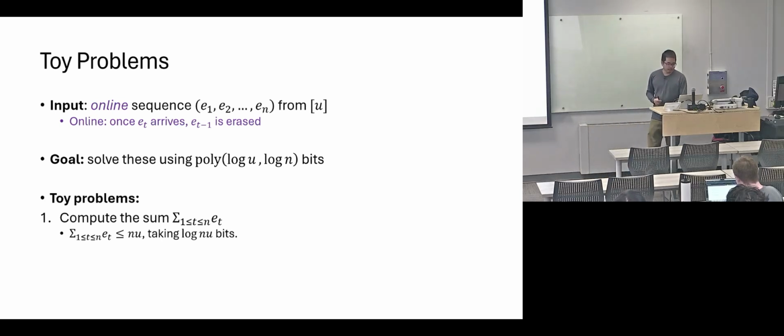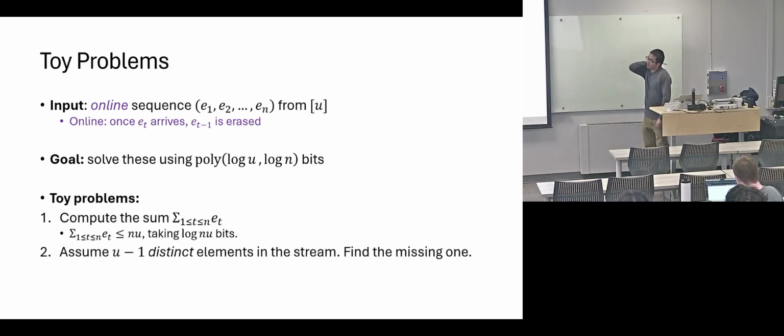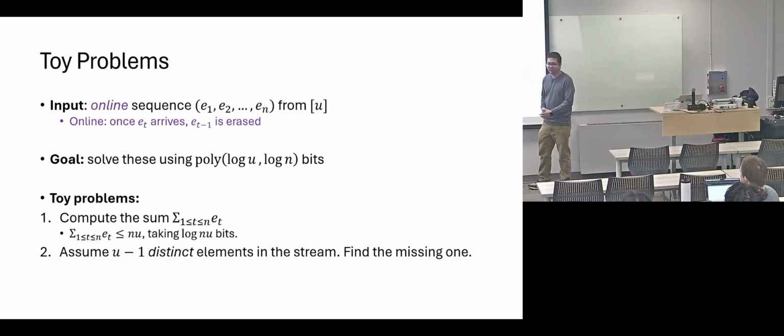Now let's look at a more interesting case. Suppose that I promise you that in this stream there are exactly U minus 1 elements, and all of them are distinct elements. By the end of the stream, you should find the missing one. Any ideas how you can solve this?